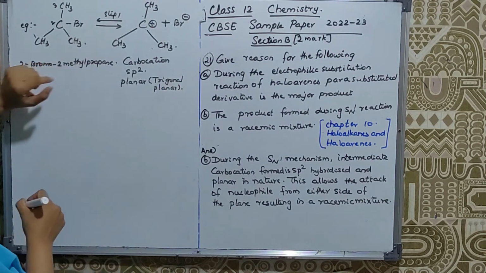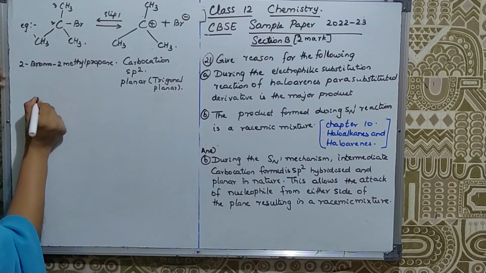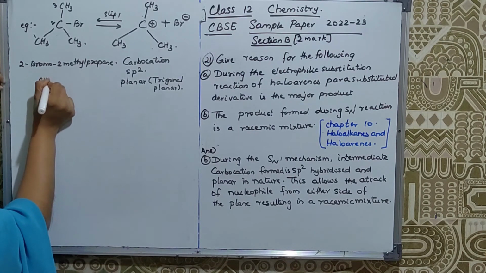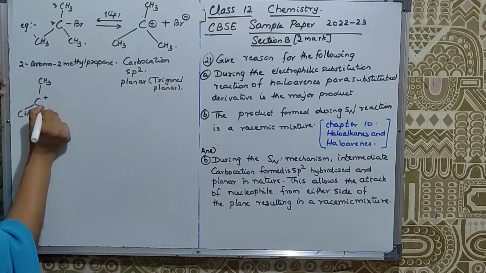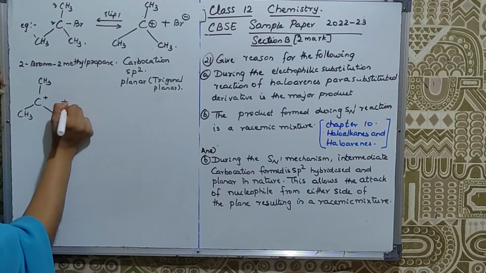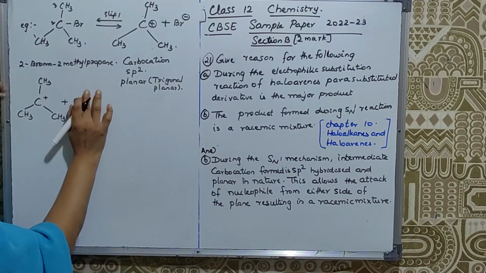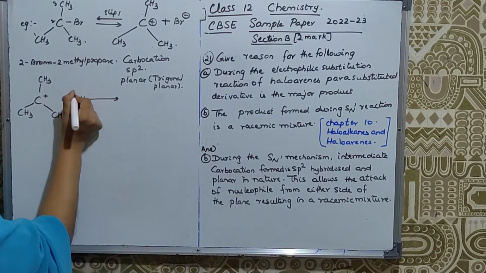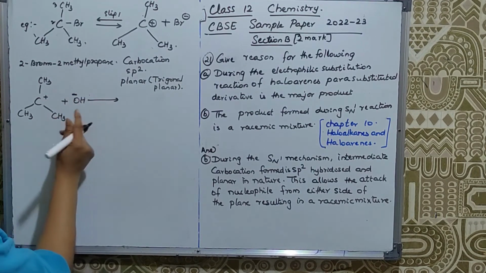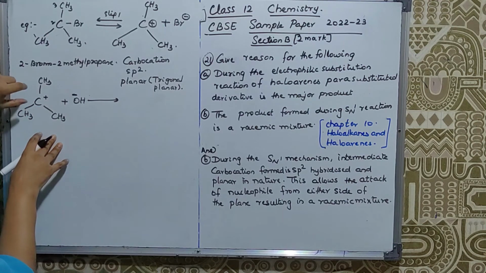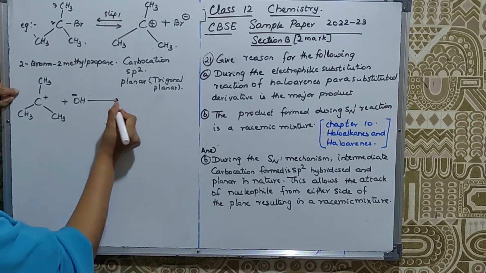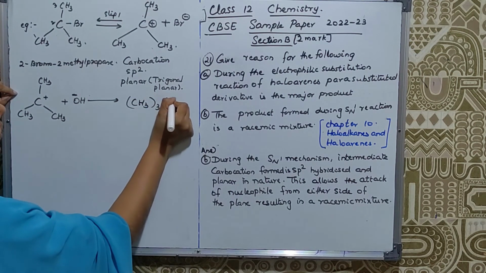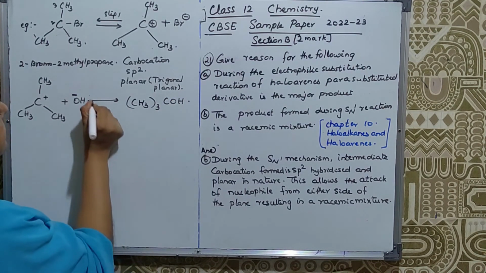Now this carbocation on reaction with a strong nucleophile like OH minus can be attacked on this planar arrangement either from the top or from the bottom, and it will form the product (CH3)3COH. This is step 2.